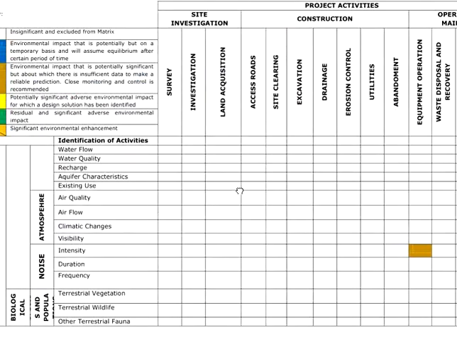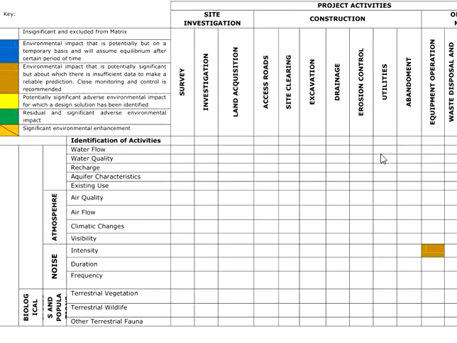This is another example of the EIA matrix. It is basically used to evaluate the project activities against the environmental components, except that the coding system now is represented by color code instead of having numbers or alphabet to represent them.